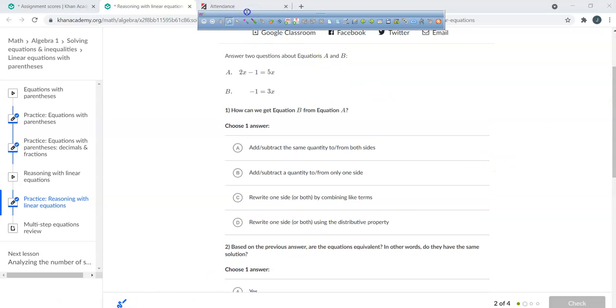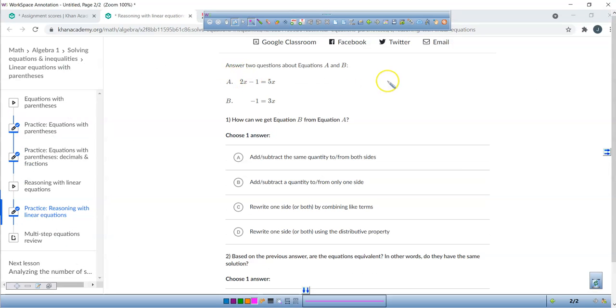All right, let's take a look at this one here. Here's A. So we'll write A right here: 2x minus 1 equals 5x. That's equation A. Take a look at equation B here: negative 1 equals 3x. All right, so we're trying to figure out if these two equations are equal.